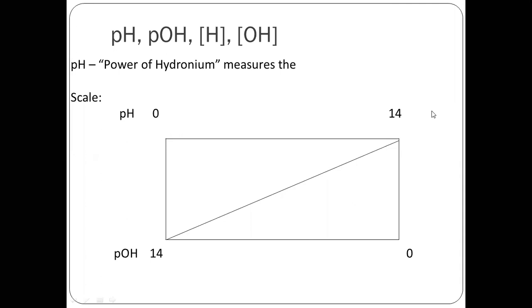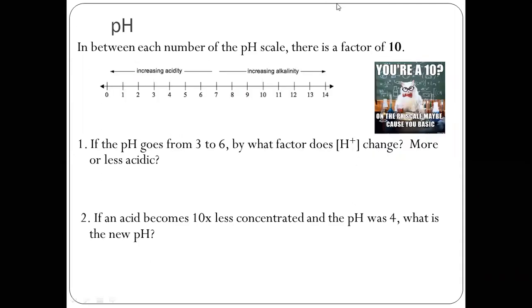Okay, so now that you know what is in the pH scale, this is how the numbers are related. Increasing acidity is going towards 0, where you have a high concentration of H+ and a lower pH.